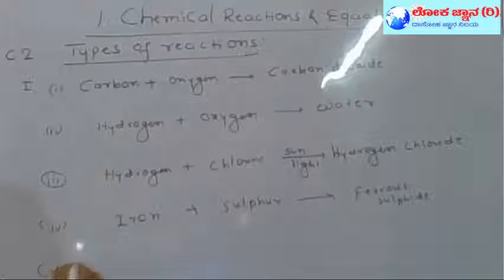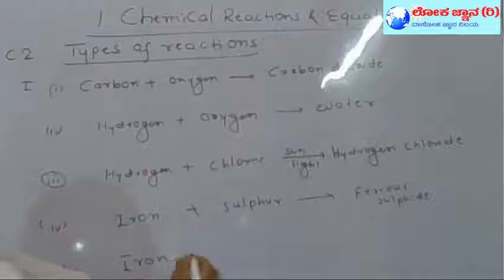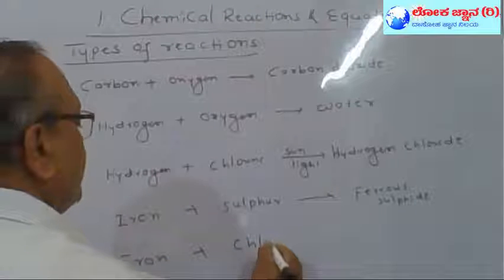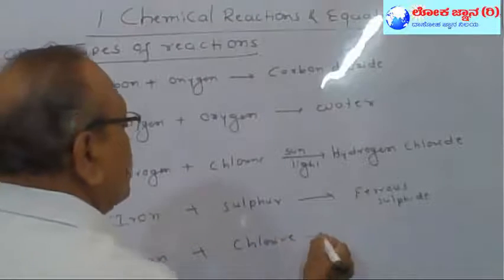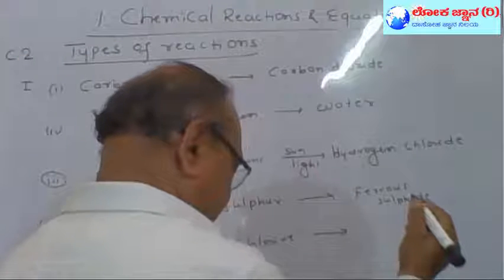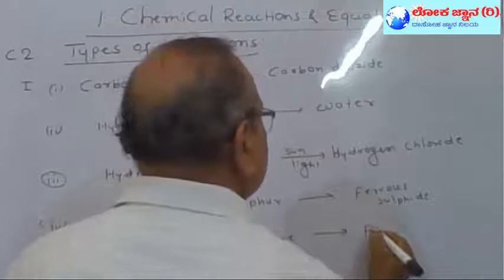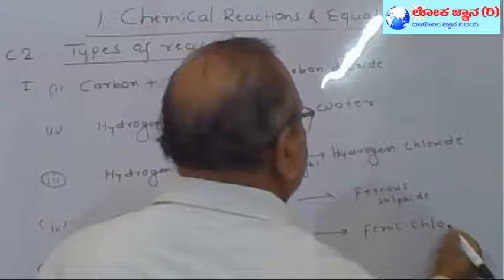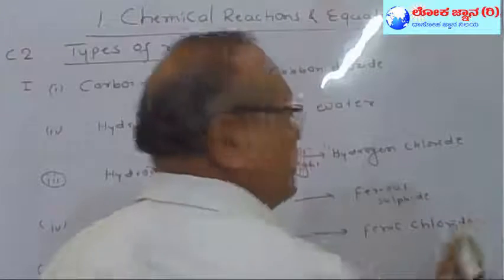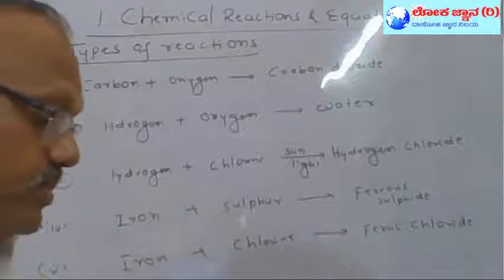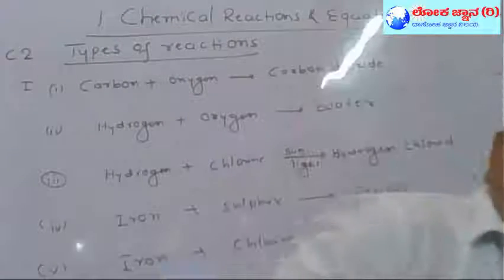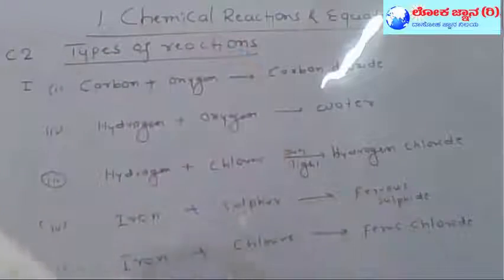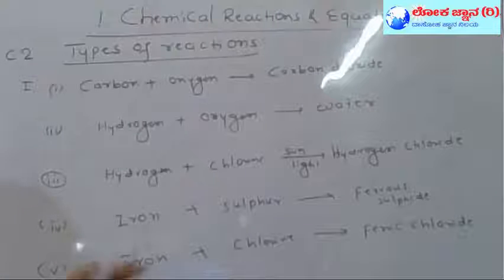And the fifth and the last one: iron plus chlorine in this set. Iron plus chlorine gives rise to ferric chloride. Ferric chloride. See the reactions. Write all the 5 reactions and balance them. They are very, very simple reactions.